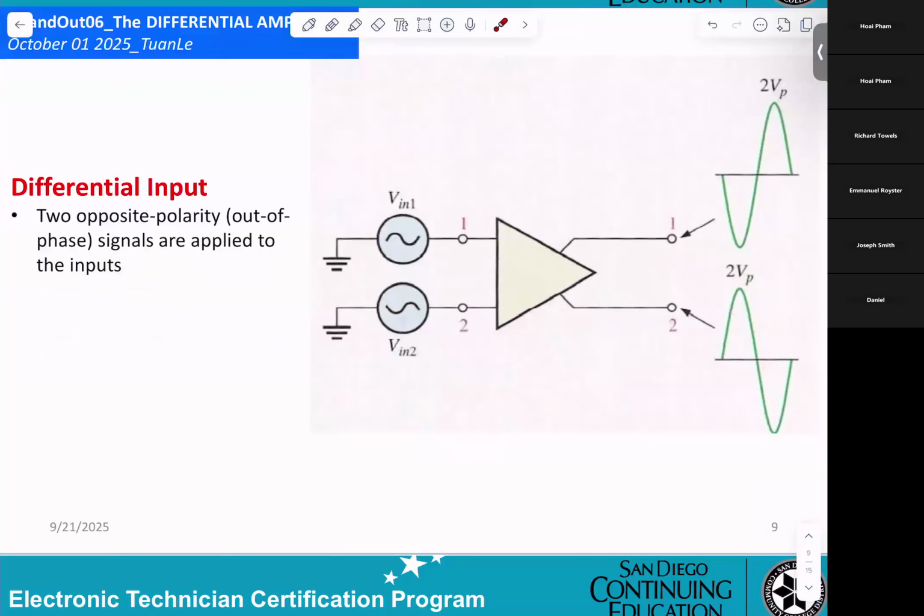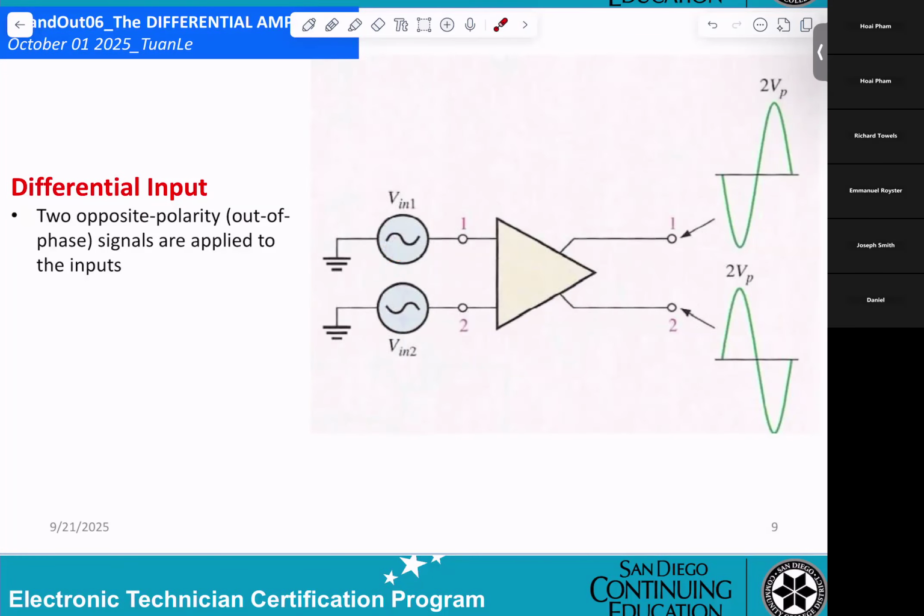Differential input signals are applied to the input with opposite polarity, out of phase. So now if they want to apply input for Q1 and input for Q2, one thing you must know is these two inputs must be opposite.